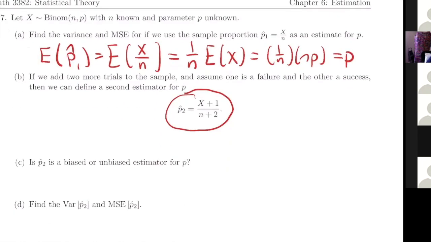If we think about this other estimator for the sample proportion, maybe it's worth saying a little bit about this because we'll see some similar things come up for different ways of finding confidence intervals. But what you can think about here is we've added 2 attempts to our sample.